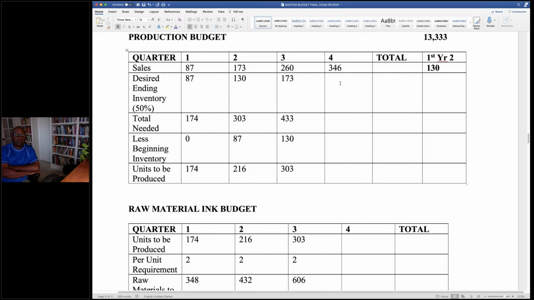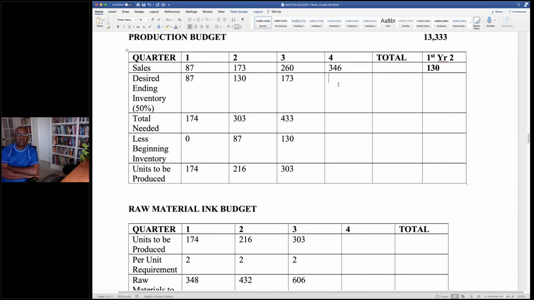Okay, here, Professor Boyd, is where I'm confused, because do we take 50% of 866? You take that from 130. Oh, so 50% from 130.